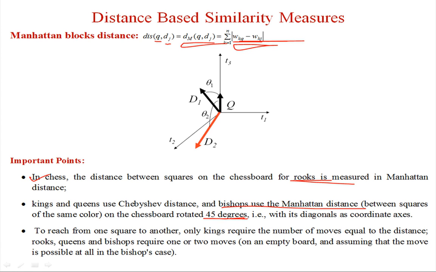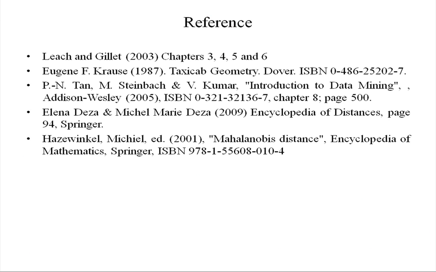To reach from one square to another, only kings require the number of moves equal to the distance of rooks. Queens and bishops require one or two moves on the empty board, assuming that the move is possible at all in the bishop's case. Thanks.